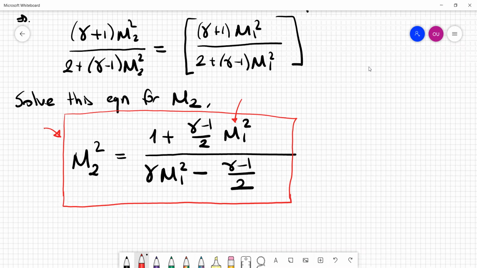If you know M1, and there's a normal shock wave created in the flow in front of this incoming M1, you can directly calculate your M2. So this is our first relation that helps me calculate one of the parameters after the shock wave, probably the most important parameter, the Mach number after the shock wave, using only a single parameter, which is M1.